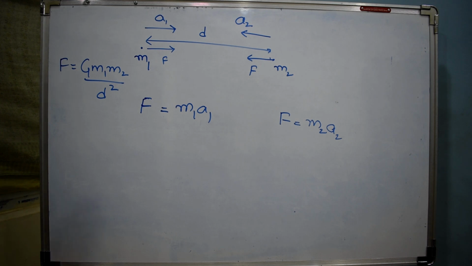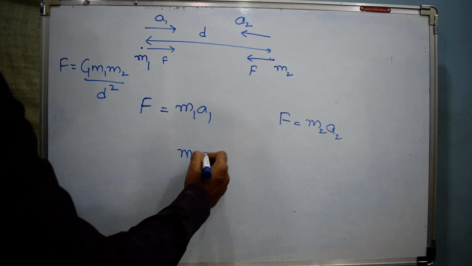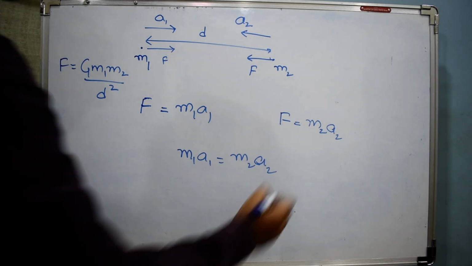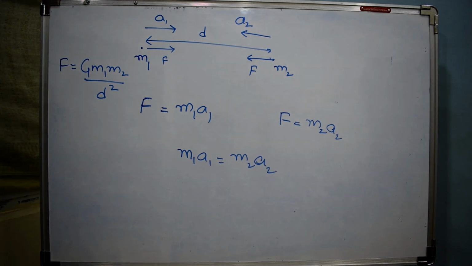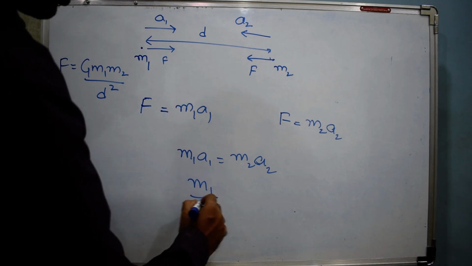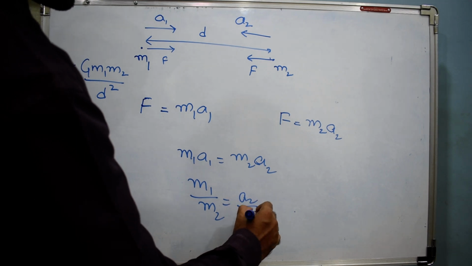So m1 into a1, m2 into a2. Since F is the same for both, m1 a1 must be equal to m2 a2, or we can write m1 by m2 is equal to a2 by a1.